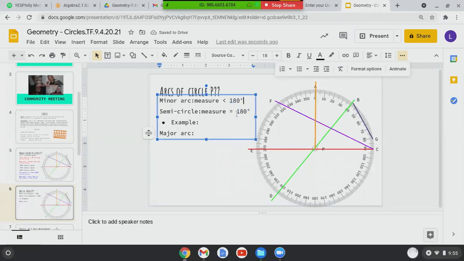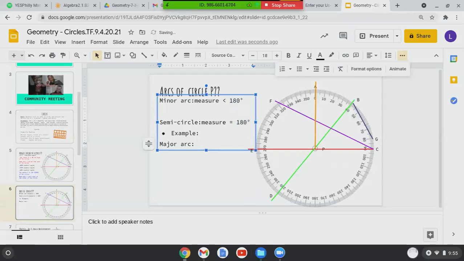And we are going to then find an example from our diagram that fits the description. And we want to say measure is greater than.